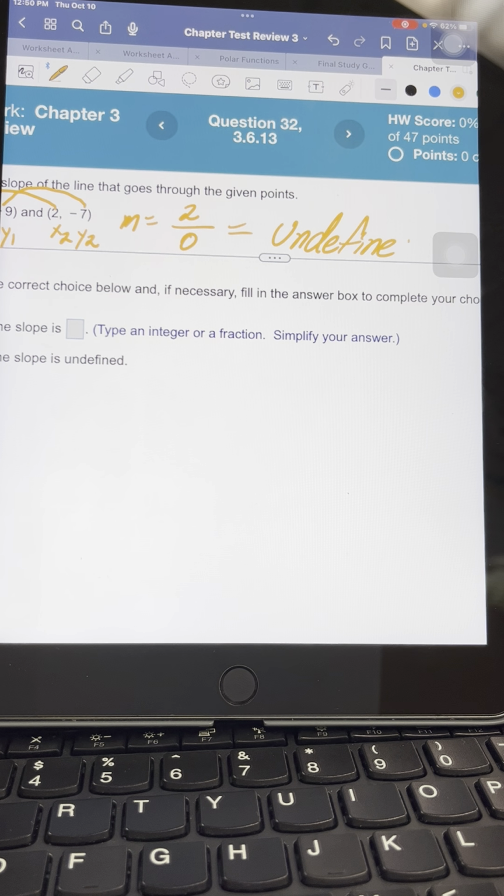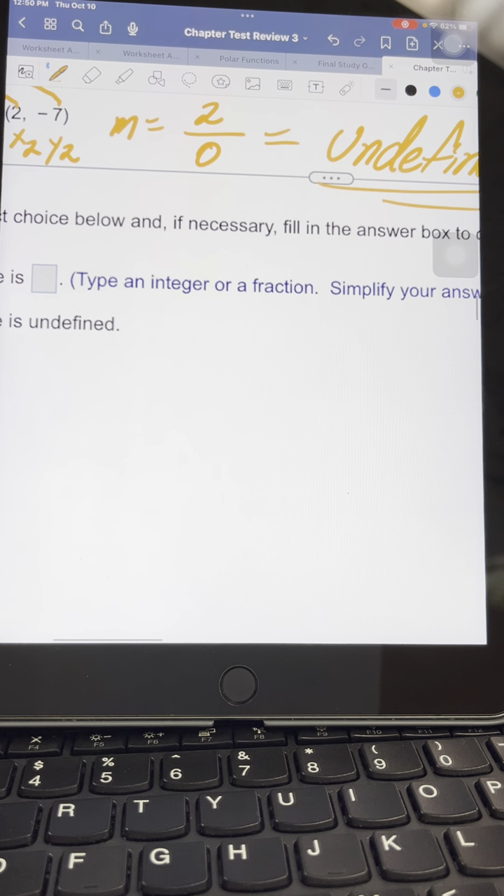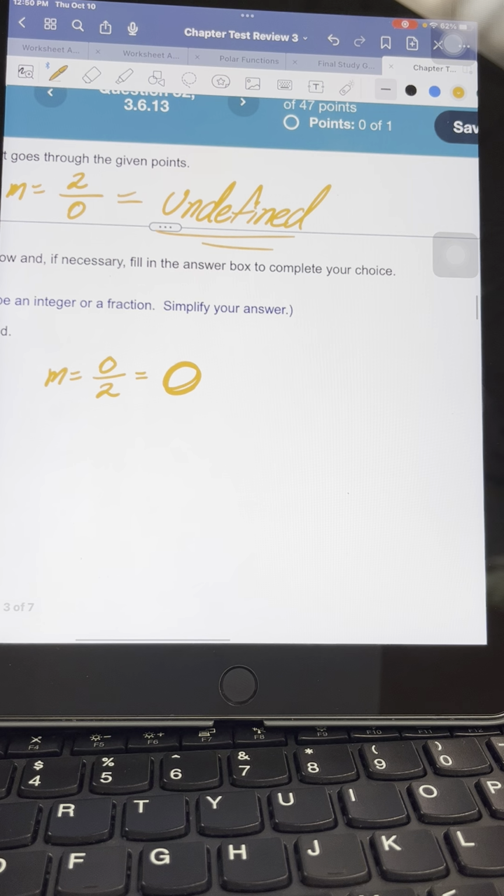Now, what if we had the slope 0 over 2? Then the slope would just be 0. And what is an undefined slope? An undefined slope is vertical, and a 0 slope is horizontal. We have to know those things.